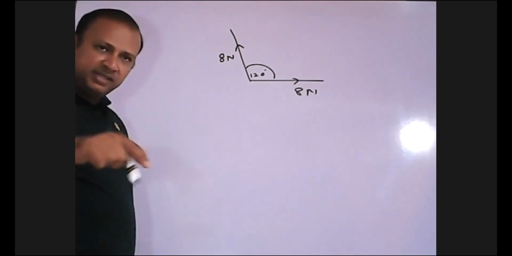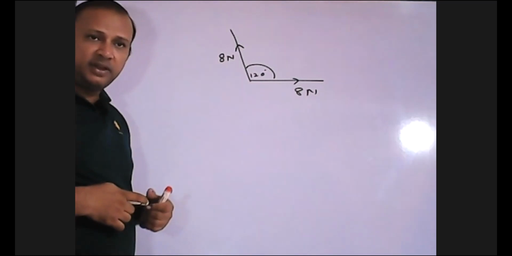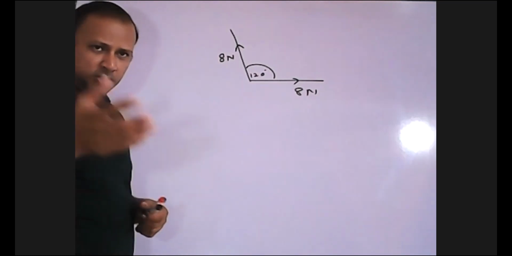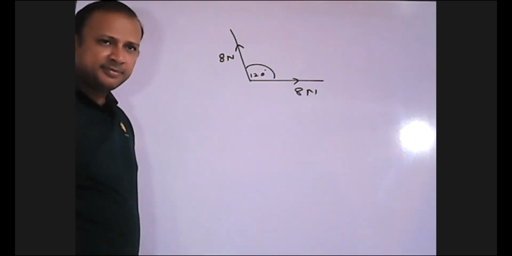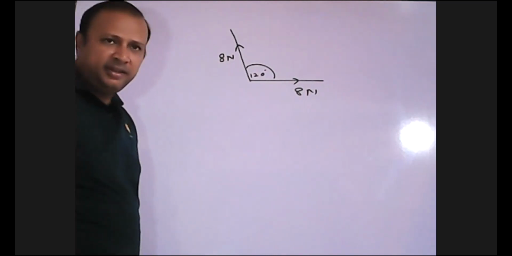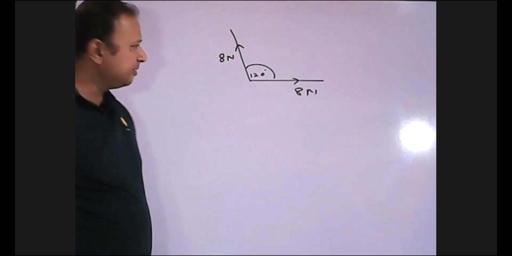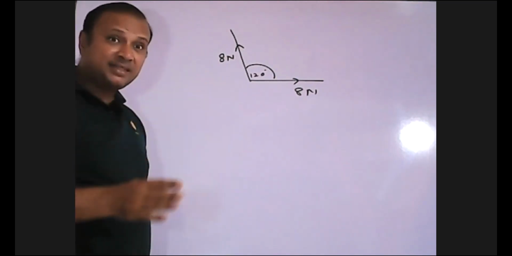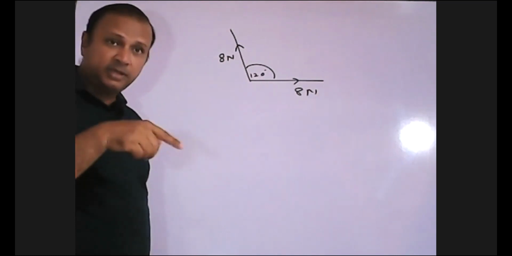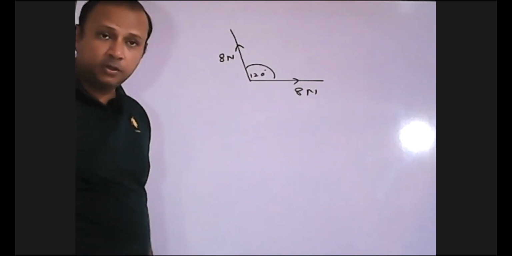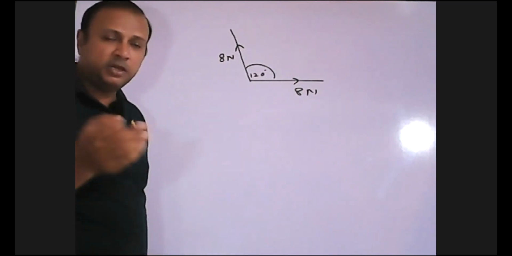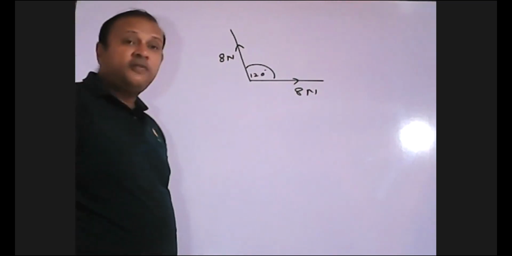What is the resultant of these two forces? You should remember the thing. You don't need to calculate anything. If there are two equal forces acting at angle 120 degrees, the resultant should be equal to the magnitude of one force.